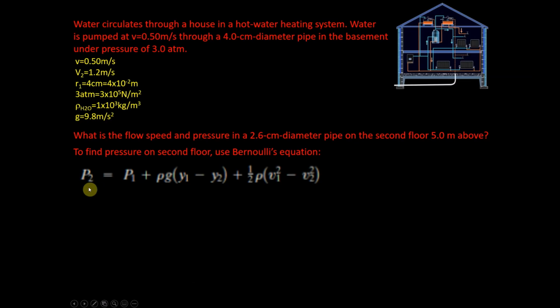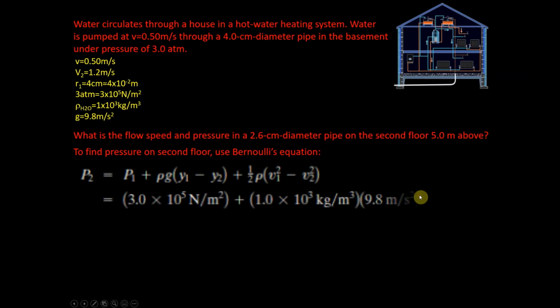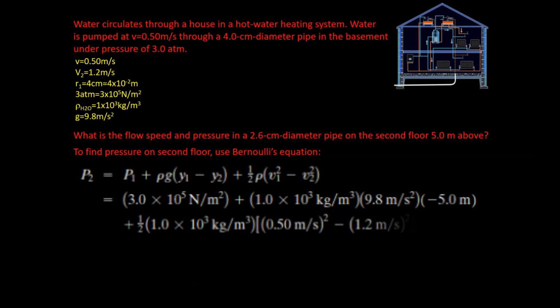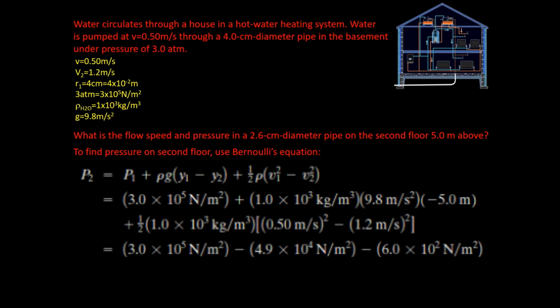And this is P2 is equal to P1 plus rho g times h plus 1/2 rho times V1 squared minus V2 squared. If we substitute into this equation, we'll then find an answer of about 2.5 atmospheres.